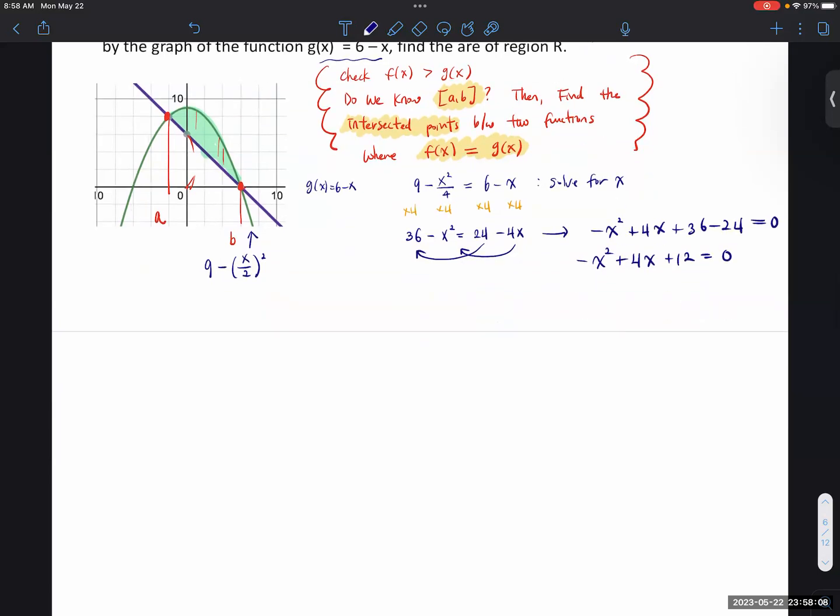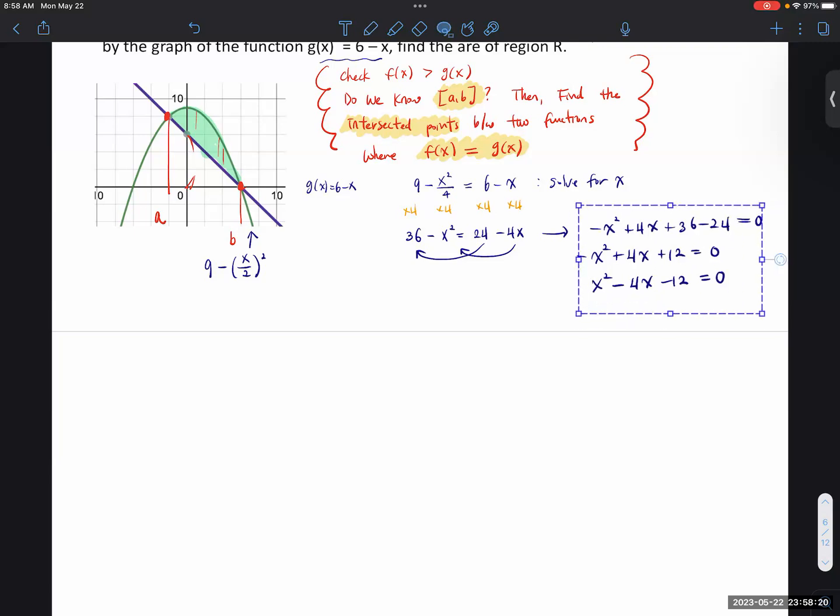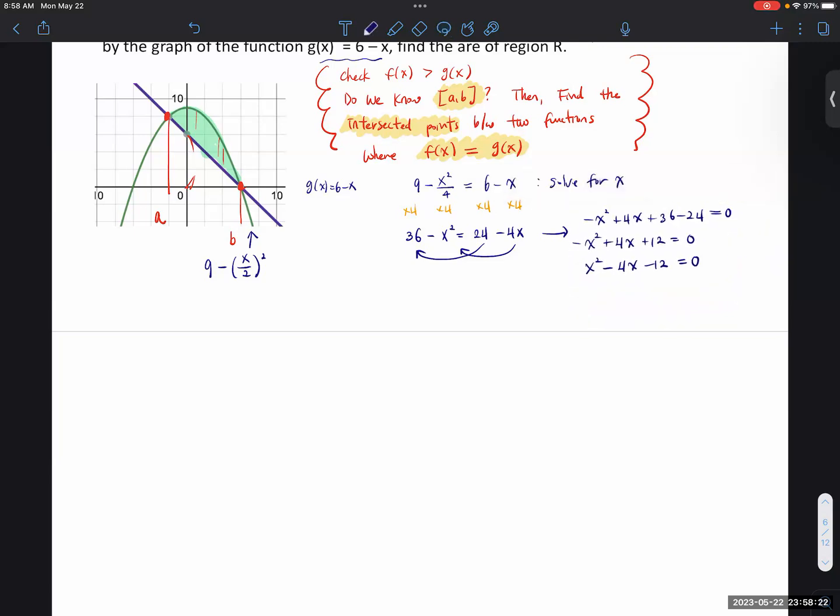Let's divide by negative 1 everywhere because I don't like a negative in front of the x squared. So it's the same as x squared minus 4x minus 12 equals 0. Are we okay? Now, what do you feel? How to solve for x? Ooh, binomial factoring. So if you have 6 and 2, one should be positive and one negative.